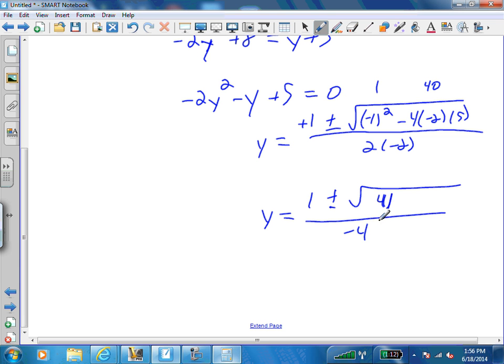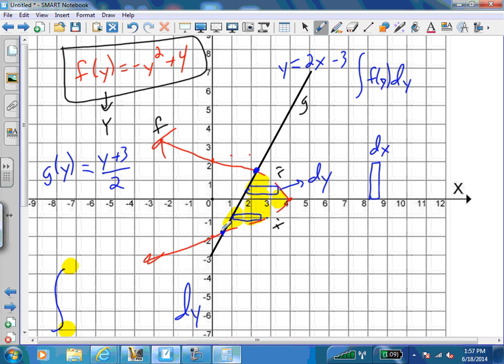So whatever that comes out to be. So 1 plus the square root of 41 over negative 4, and 1 minus the square root of 41 over negative 4. Now, normally the book's not going to give you problems that are this messy, but I just wanted to illustrate how we find out what these two values are.